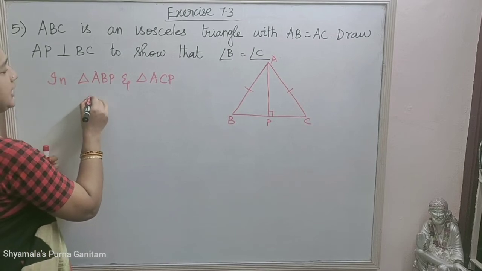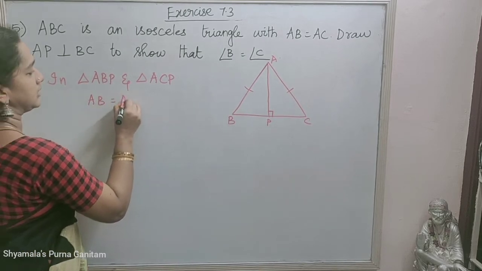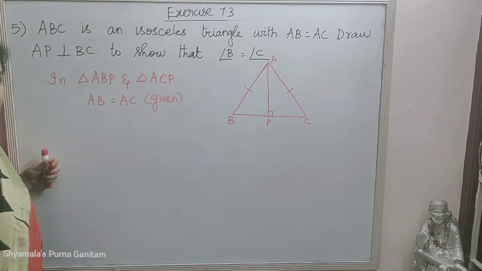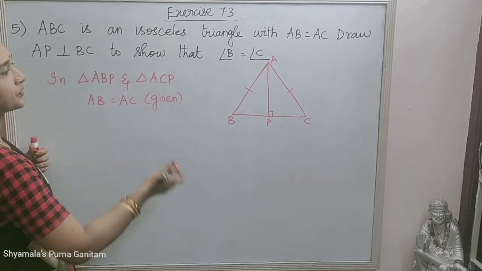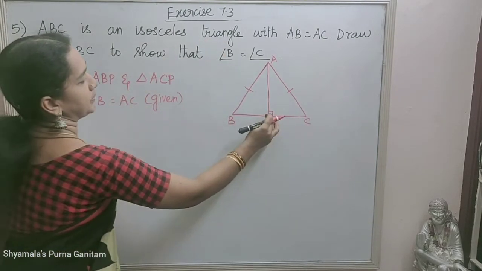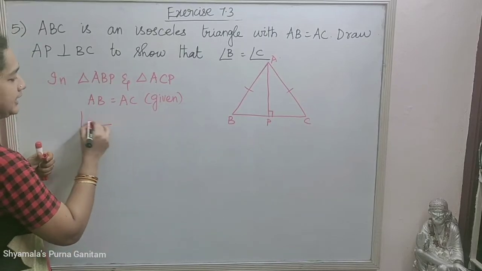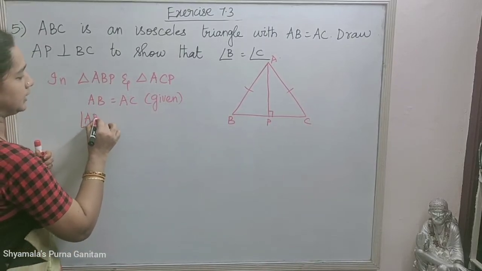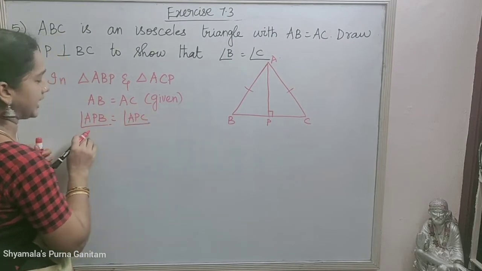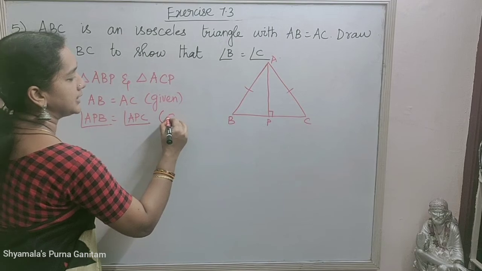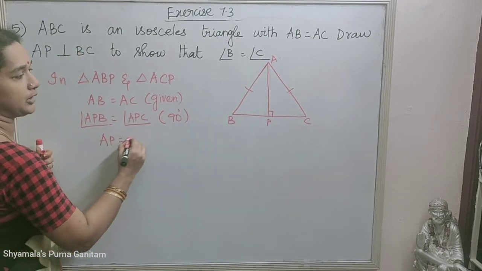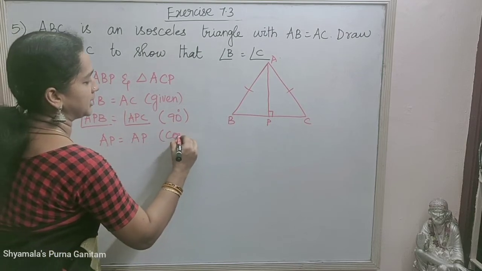In this, AB is equal to AC. This is given in the question, that they form an isosceles triangle. Then this is the perpendicular drawn, so perpendicular drawn means it is 90 degrees. So angle APB is equal to angle APC, that is 90 degrees. Then AP is equal to AP.